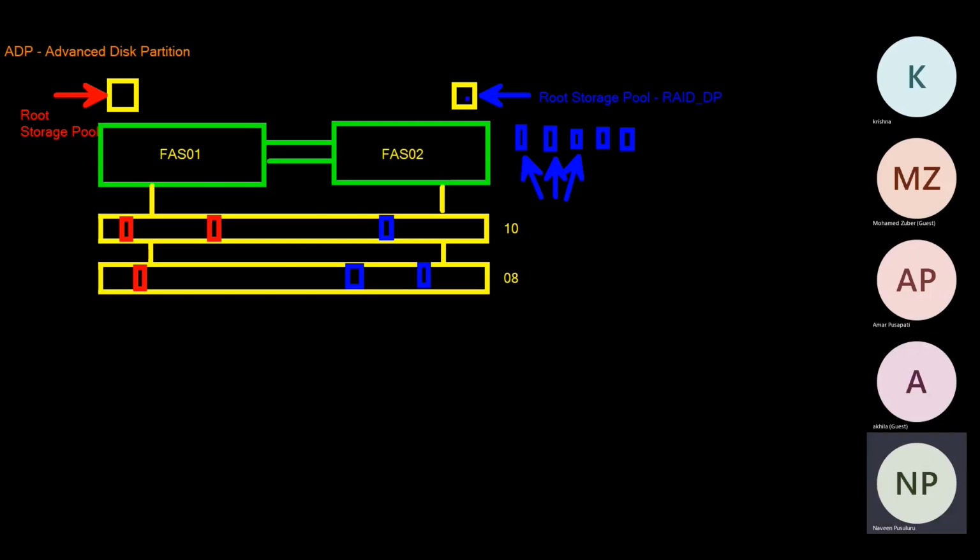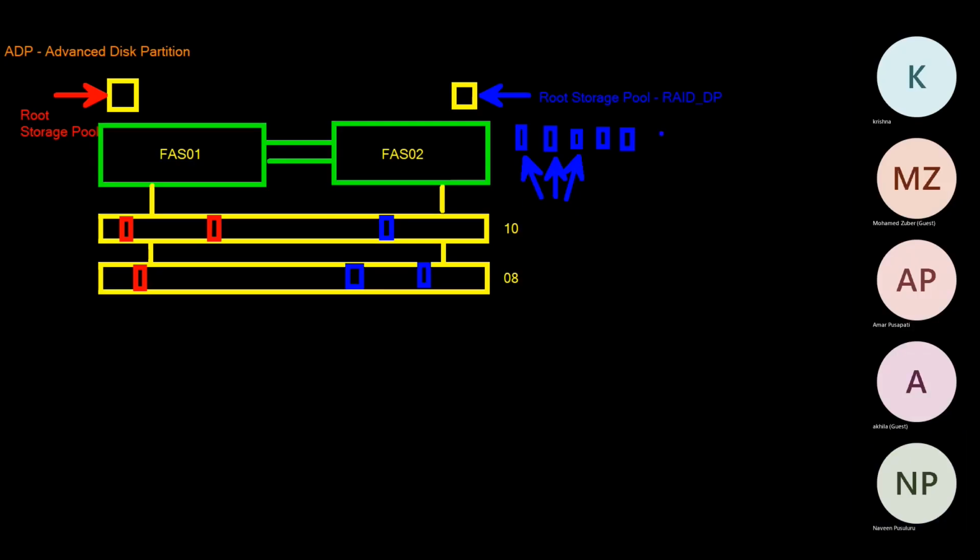So what is the purpose of this? The purpose is that all our controller configurations will be stored in this root storage pool only. That is the purpose of this.